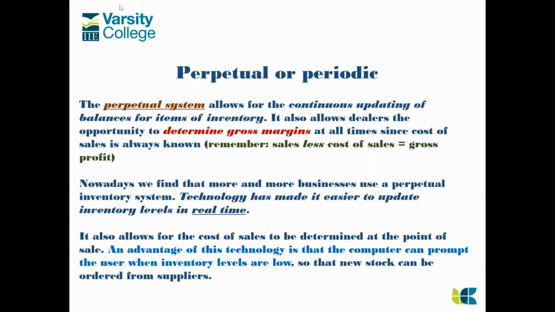And also, in addition to that, we now need to incorporate that loss via cost of sales. We need to account for that lost bicycle. Does that make sense? So that's all the perpetual inventory system does for us.